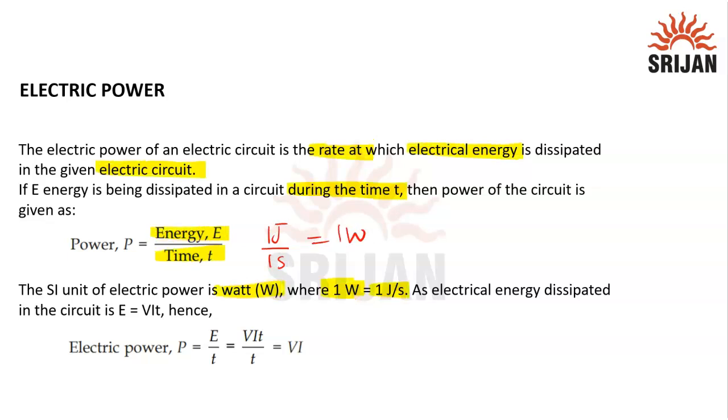As electrical energy dissipated in the circuit is E equal to VIT, electric power can be written as E upon T, and we will just put the value of E, that is VIT, here, and T and T will get cancelled with each other. So we will simply get VI only.